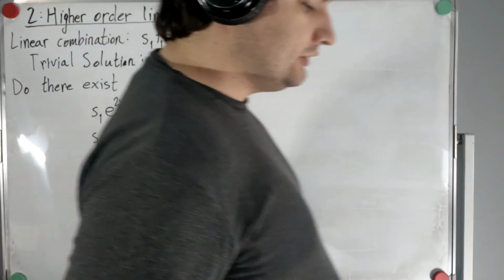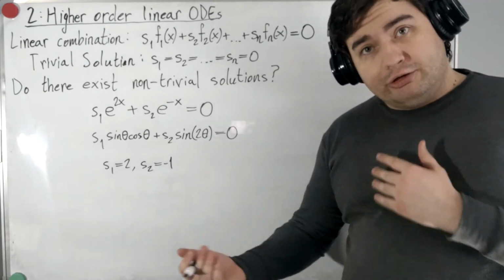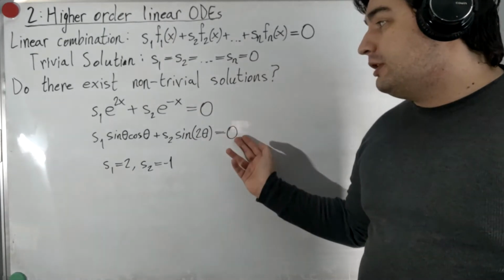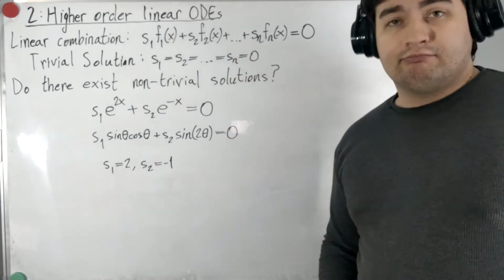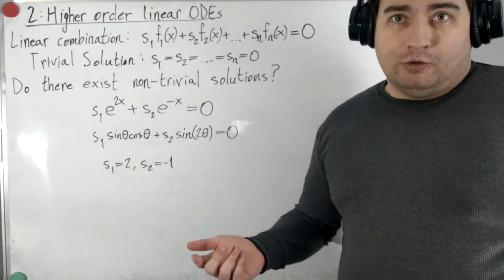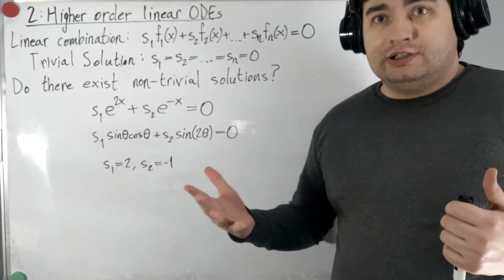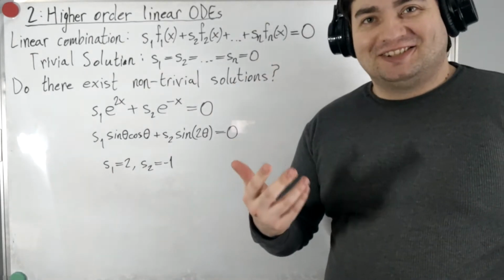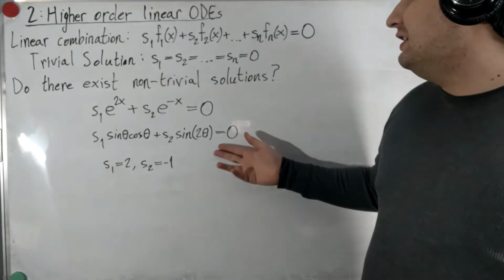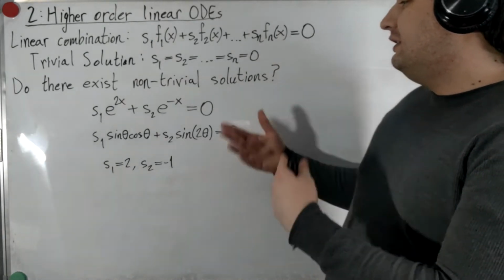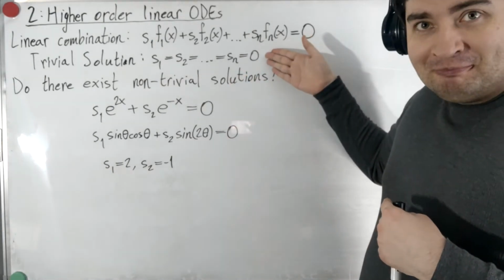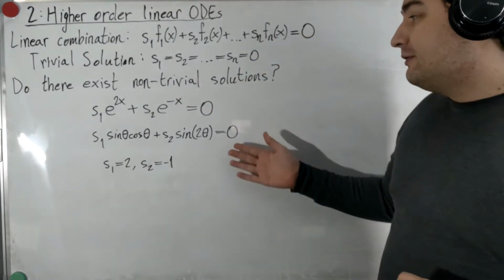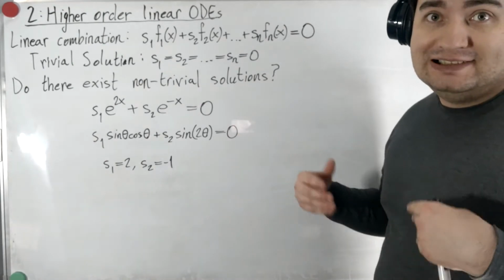In that case, you can just use the trigonometric identity, sine 2 theta equals 2 sine theta cosine theta, and then this whole thing equals 0 for all values of theta. Okay, so whether a bunch of functions are linearly dependent or not depends on the functions. This is what I'm trying to define here. When you have only the trivial solution, the functions are called linearly independent. And when you have more than just the trivial solution, they're called linearly dependent.